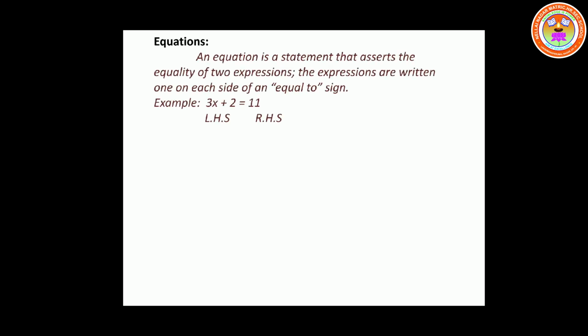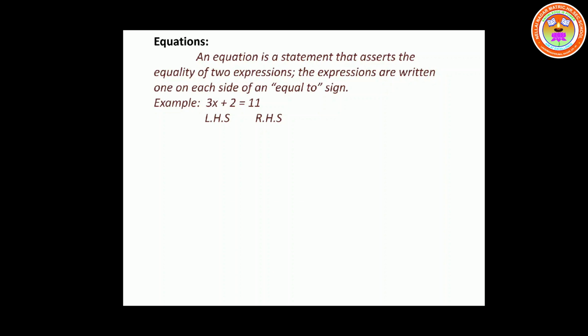Now, we'll be moving on to equations. What is an equation? An equation is a statement that asserts the equality of two expressions. So suppose I have two expressions, and the expressions are written one on each side of an equal to symbol. Expressions here mean algebraic expressions. So this is how an equation is formed.